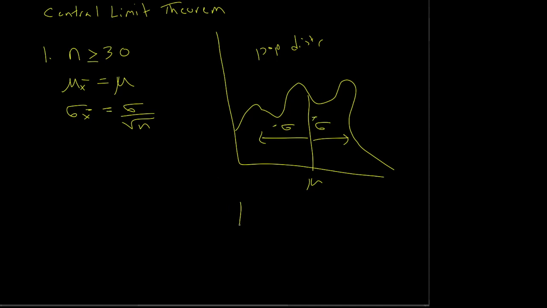And if we take a large number, an n number of samples, our sampling distribution is going to look like this.